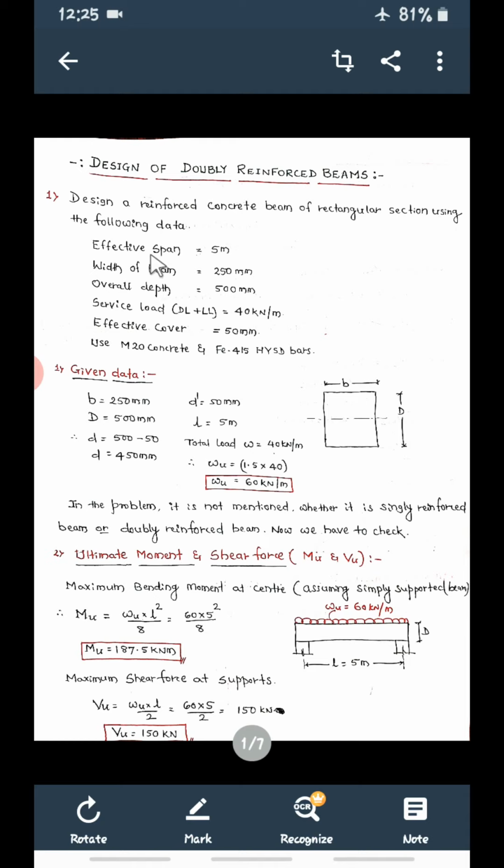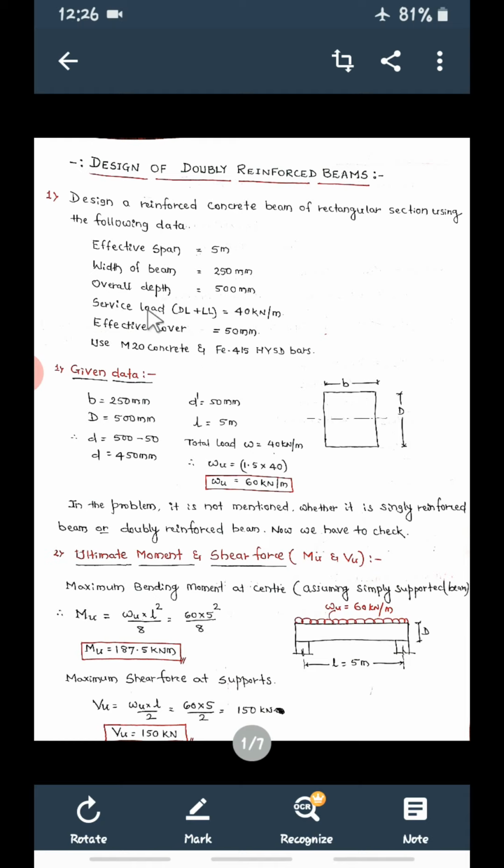Effective span is given as 5 meter, width of beam 250 mm, overall depth 500 mm, service load, including dead load as well as live load, 40 kilonewton per meter. Effective cover to the reinforcement is 50 mm. Grade of concrete M20 and Fe415 HYSD bars will be used.